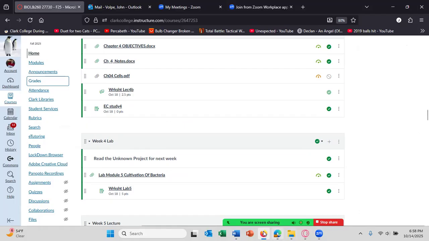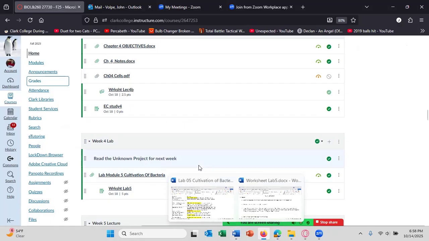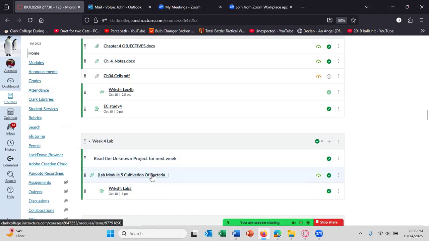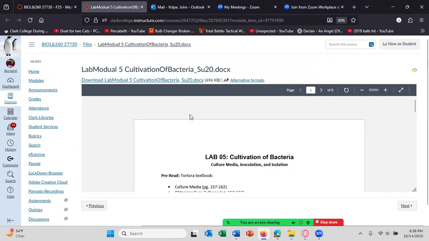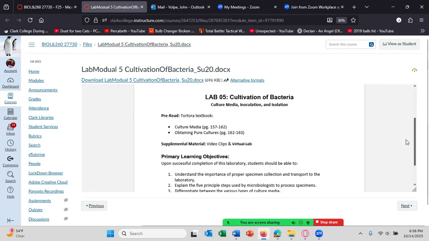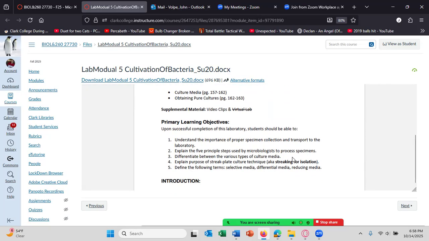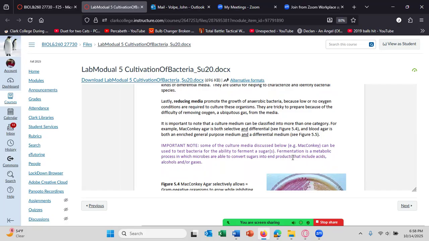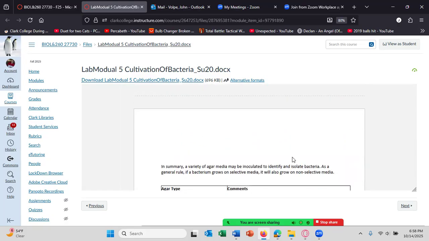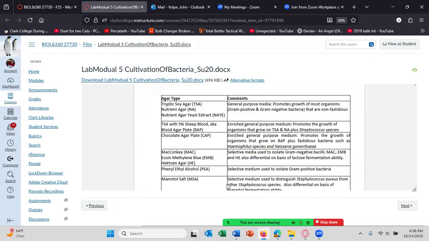Are we on lab 5? Yes. I should probably download it. It'd be easier to see, but I've got it here now. Mannitol is selective and differential.